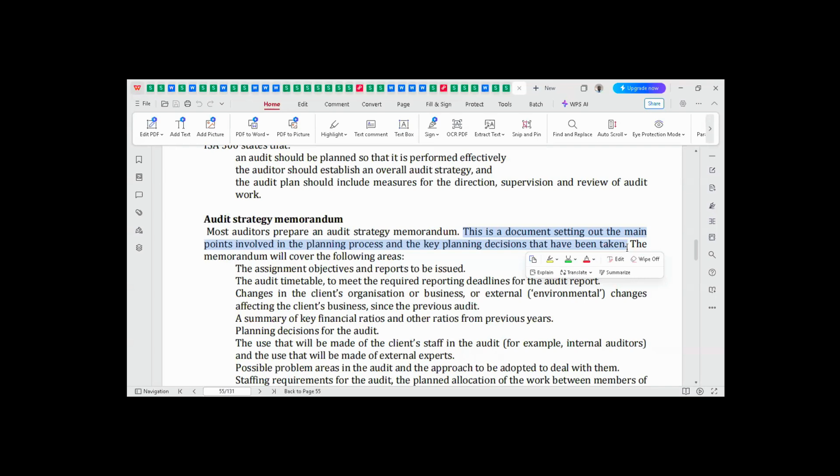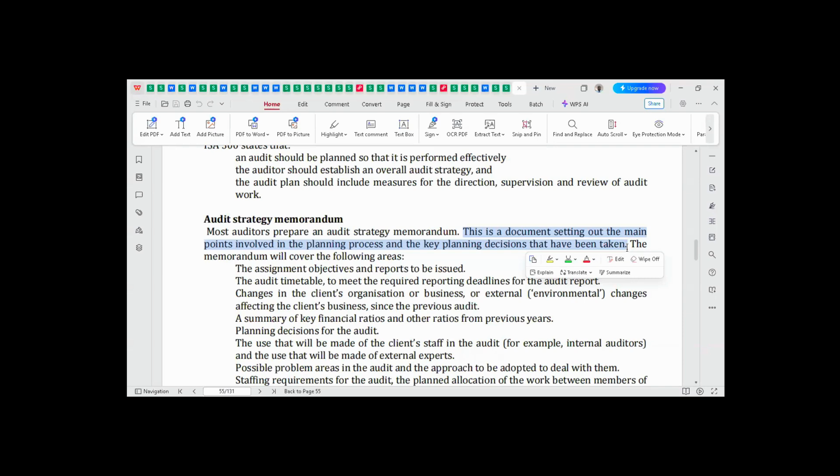What I'm saying in essence is that this document is where all the things you intend to perform in the engagement are laid out. You have highlighted everything, so it's going to serve as your guide throughout the engagement.